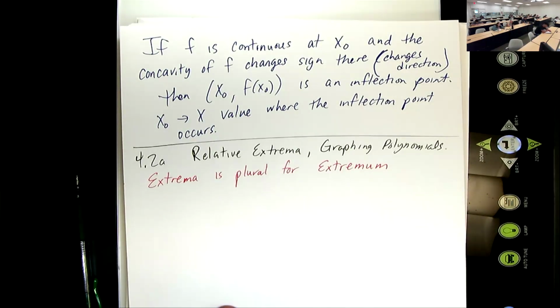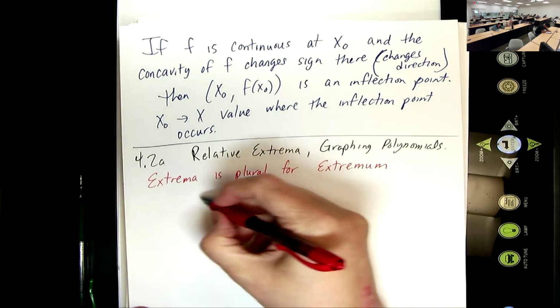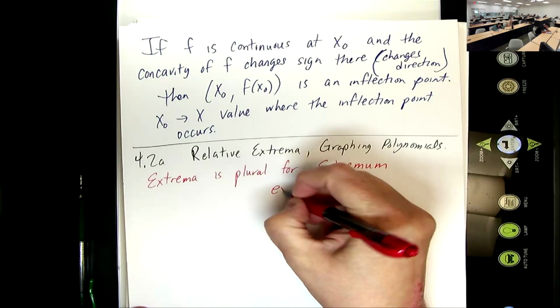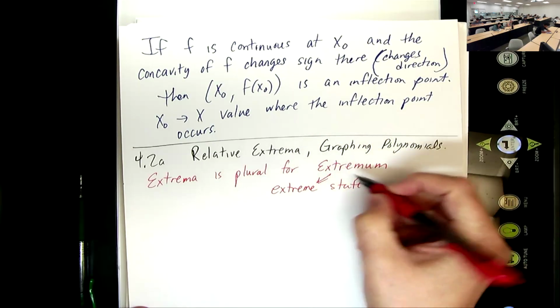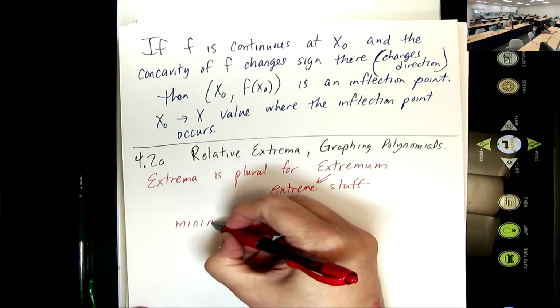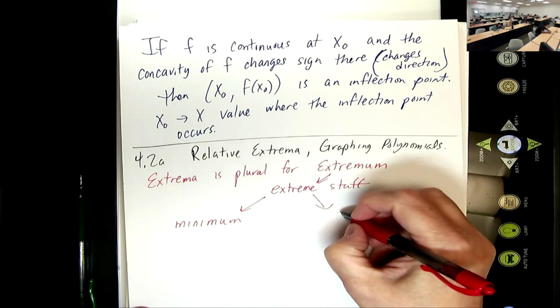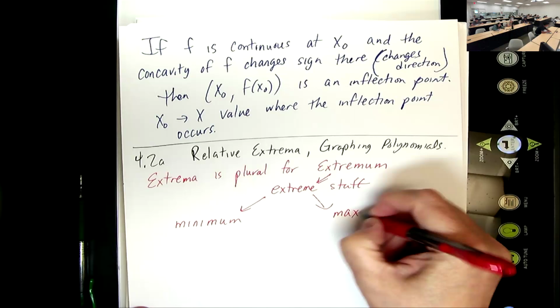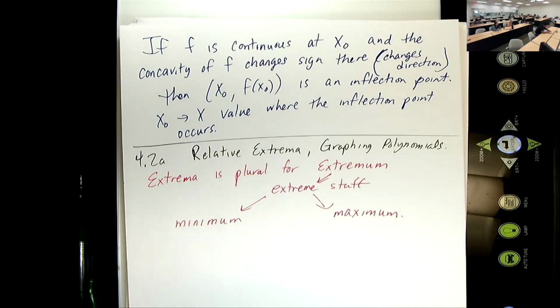But extremum means extreme stuff is going on, so one option would be a minimum, and the other option where we have extreme things happening is at a maximum. We're not referring to limits, right? No.